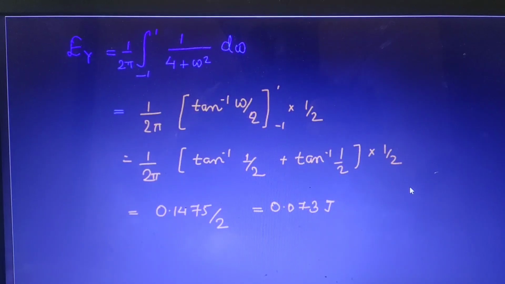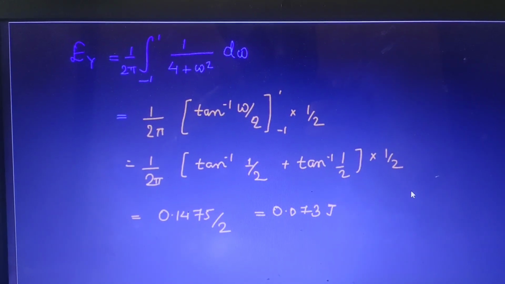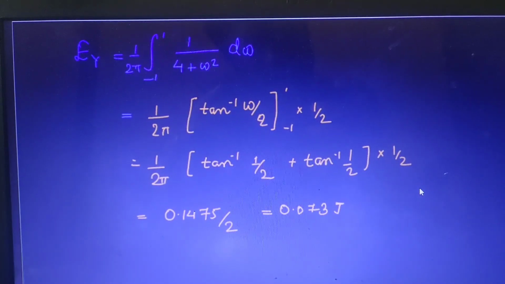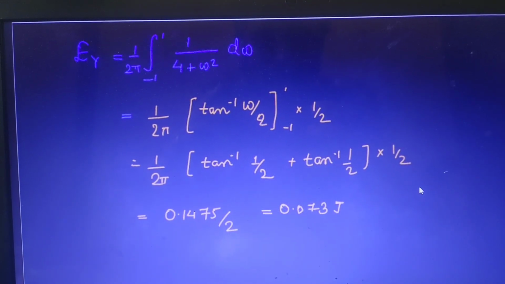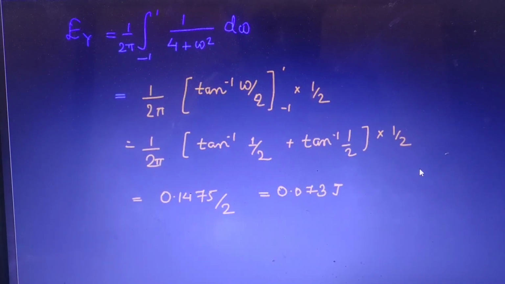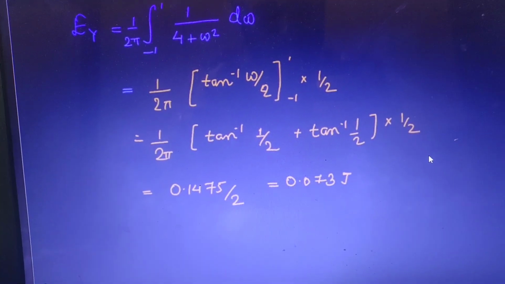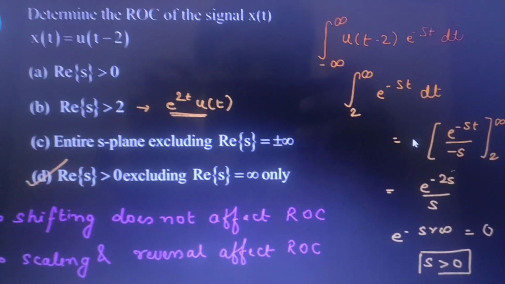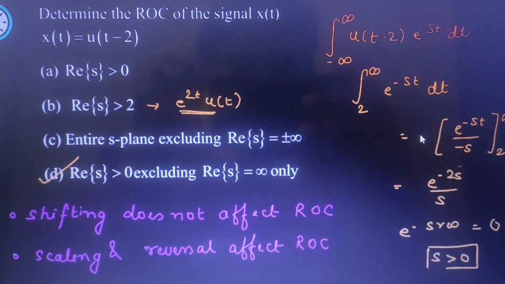The integration of 1 by 4 plus omega square you can write as 1 by 2 tan inverse omega by 2, from minus 1 to 1. By substituting the values, you will get the answer as 0.073 joules.